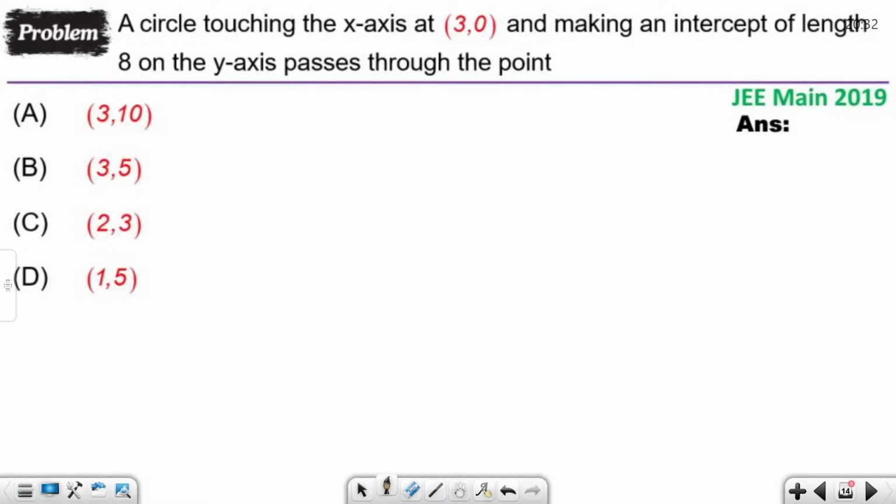Is it clear? The other methods, I suggest all of you please try. Until and unless you try, you will never learn. Family of lines is a new mode of solving a problem. So this is a new technique that we have learned today.